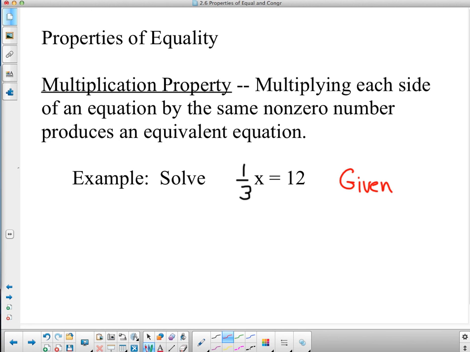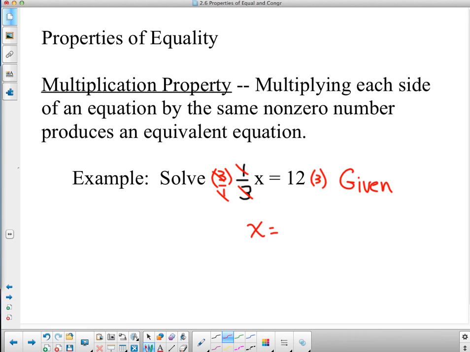Then, what are we gonna multiply each side by? 3. Multiply by 3 on each side, and we get 1/3 times 3. The idea was you wanted it to cancel out.